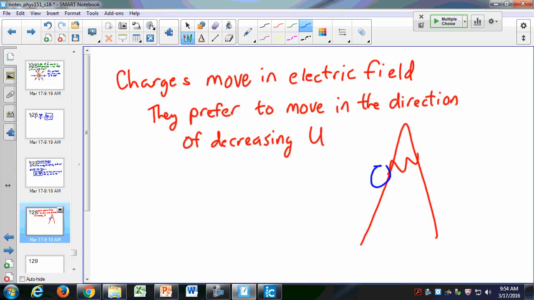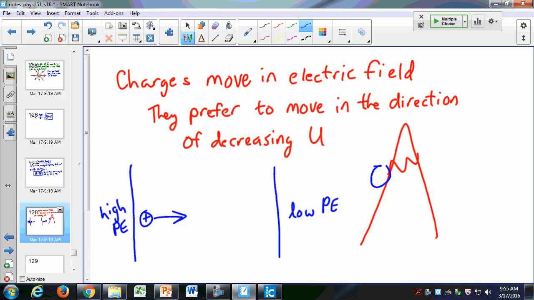It's going to move down the hill because it's going to move to a place where it decreases its potential energy. And the same is true for charges, that they will move in the direction of decreasing potential energy. So for example, if I have an area of high potential energy and I have an area of low potential energy over here, a positive charge is going to move in that direction, from high potential energy to low potential energy.